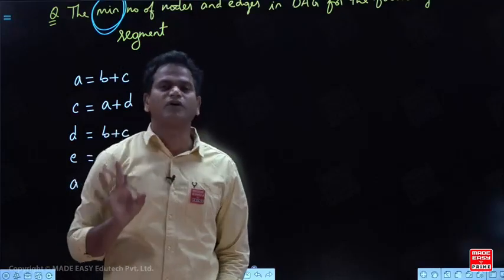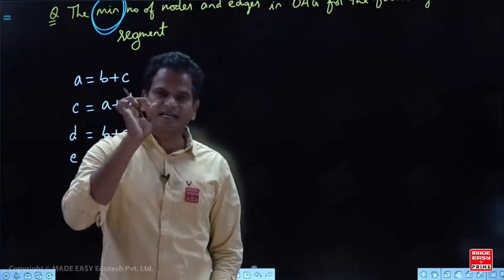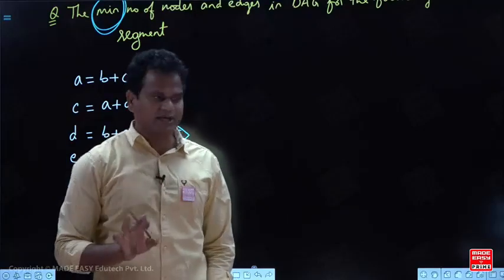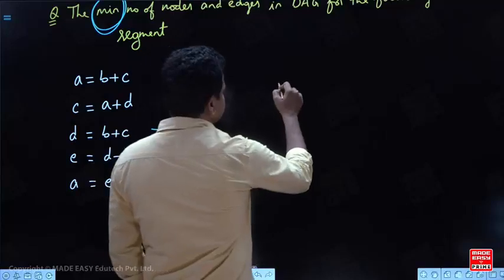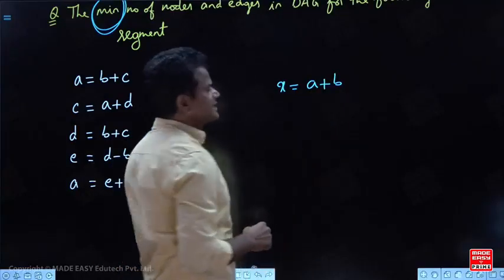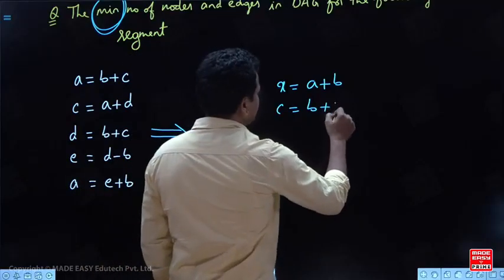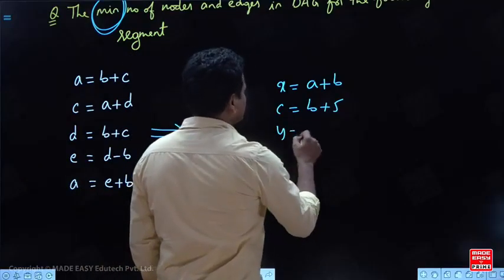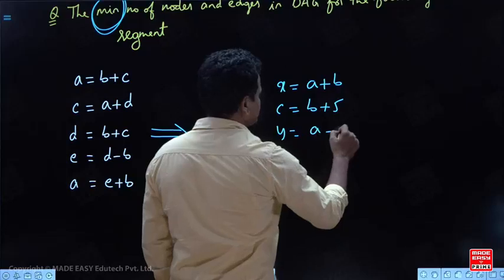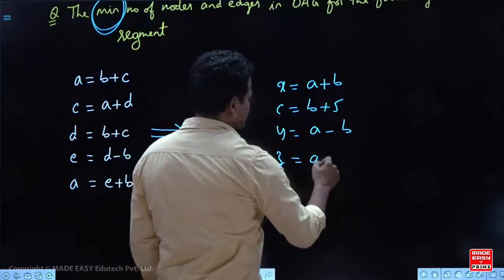What is the meaning of common subexpression? That means if any expression is executed, example x equal to a plus b, now c equal to b plus 5 and y equal to a minus b and z equal to a plus b.